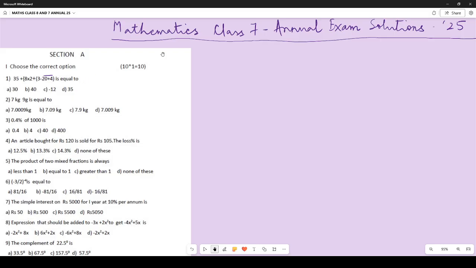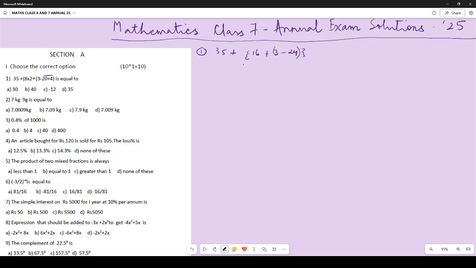So we have over here 35 plus, in brackets, 16 plus 3. Now remember there is a bar over here, so both of them become minus: minus 20 minus 4, so this becomes 3 minus 24. Right, so 16 plus, now this is inside over here, 3 minus 24.